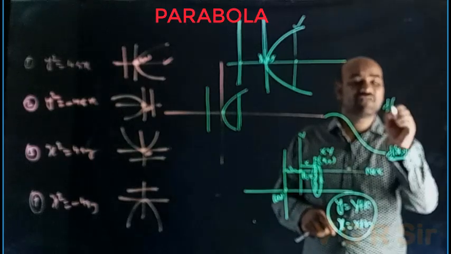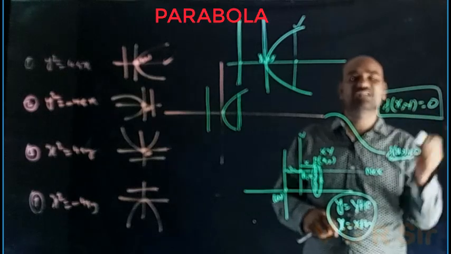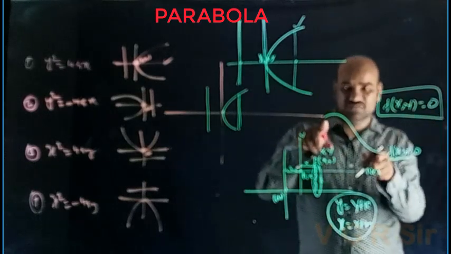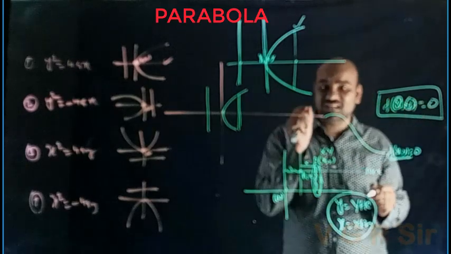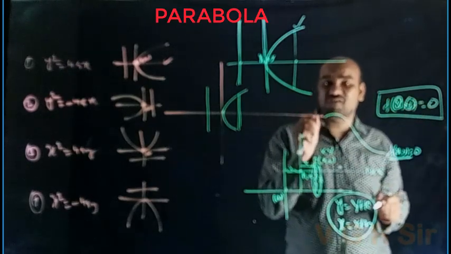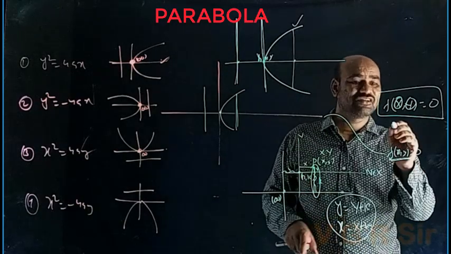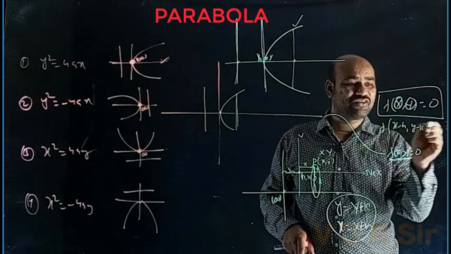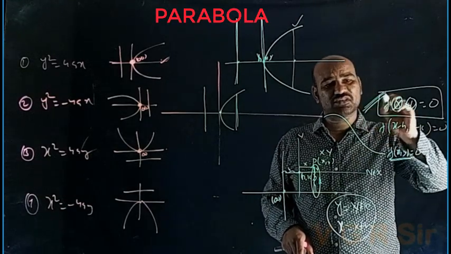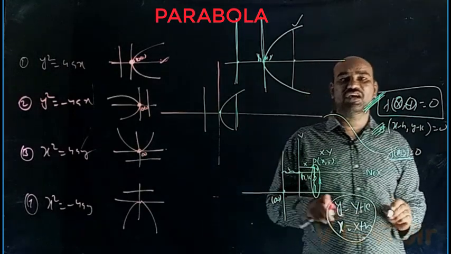I can say f of capital X comma capital Y equal to 0 only. This is the transformed equation of this curve. Sometimes you want to write these values in terms of small x, small h, small y and small k only. That's why instead of capital X, I can write x minus h comma y minus k, f of (x minus h, y minus k) equal to 0. This is also taken as the transformed equation of the curve.